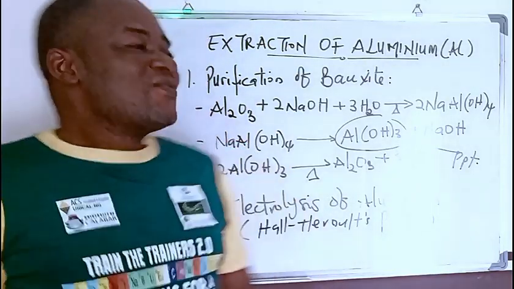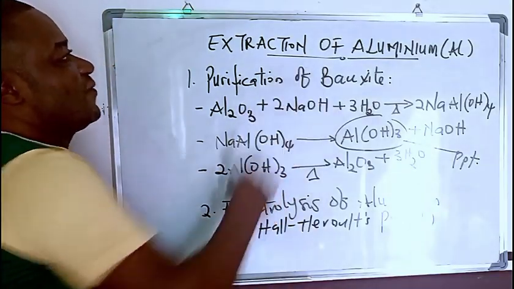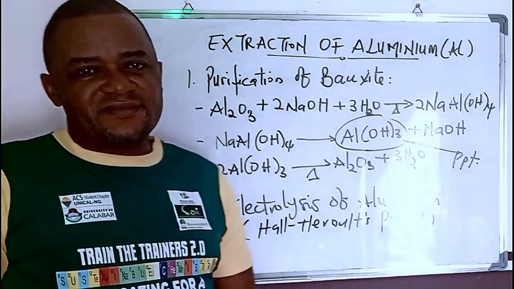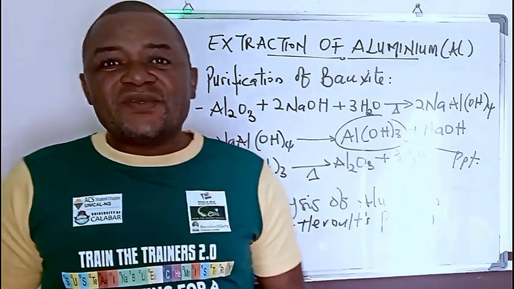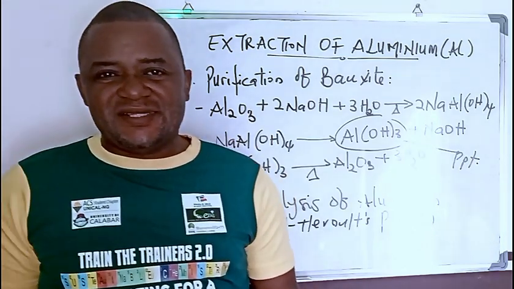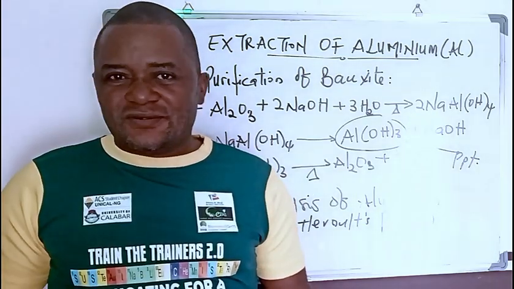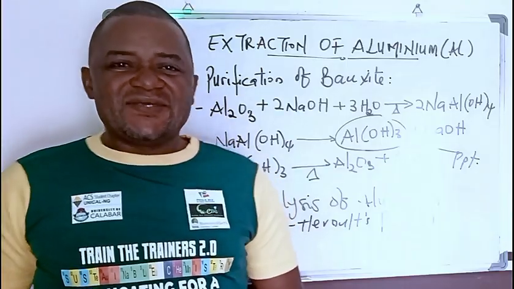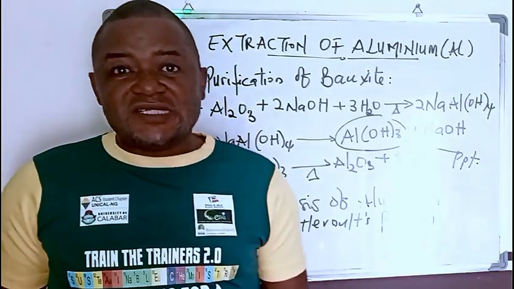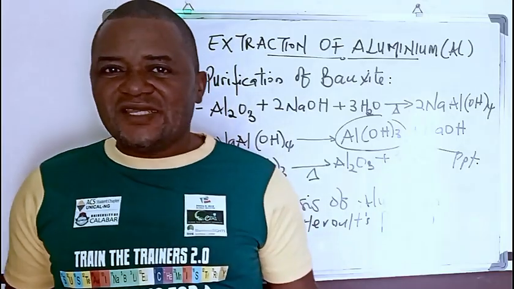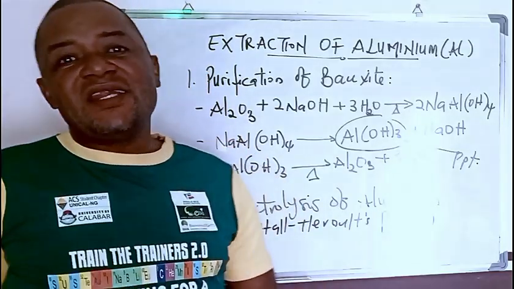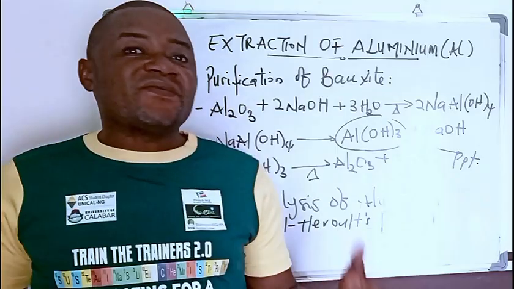Thank you very much. Now, let us take a look at the extraction of aluminium. Do you know that aluminium is one of the most abundant elements in the earth's crust? On this earth crust, the most abundant metal you can think of is aluminium. No wonder aluminium is highly used for a lot of things.